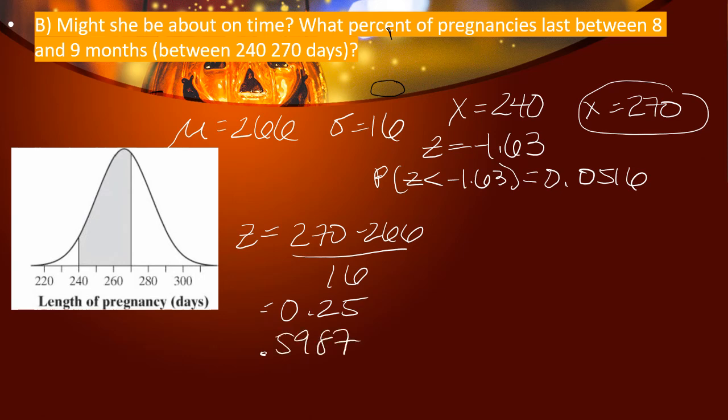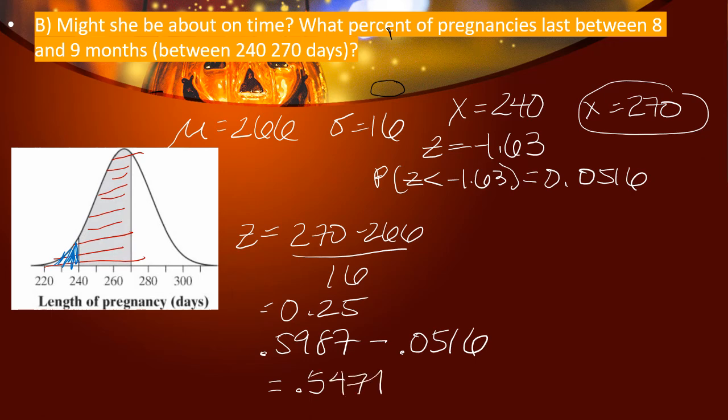That is all of this region, right? And I know that 0.0516 is all of this region. So I'm going to have to subtract 0.0516 from 0.5987. When I do that, I get 0.5471, or roughly 55%.